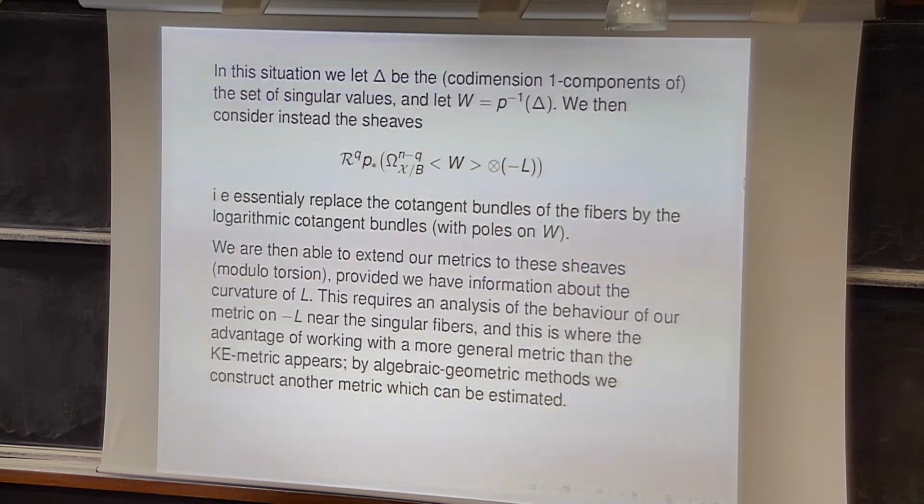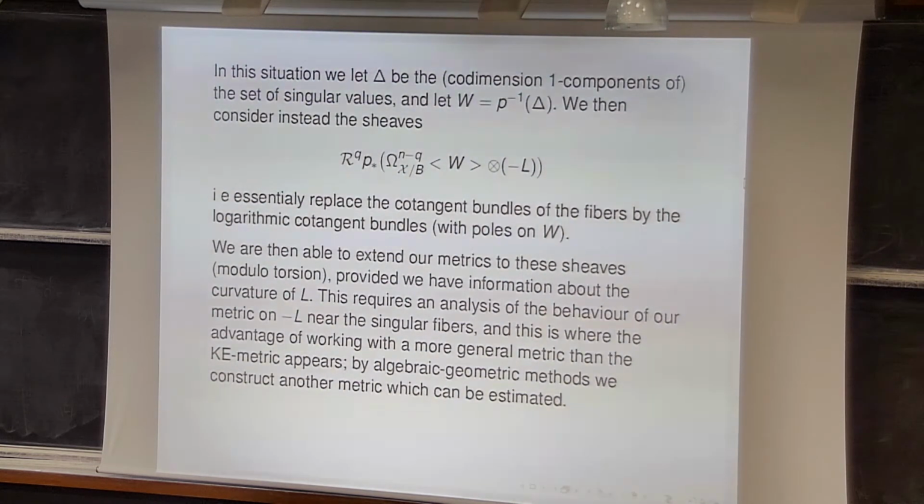So the relative dimension is always 1 minus the dimension of the total space, right? It doesn't need to be in the end, but for the purposes of this lecture, yes, it is. Actually, in this case, when I'm talking about delta, etc., delta is going to be a divisor in the base, which may have higher dimension.